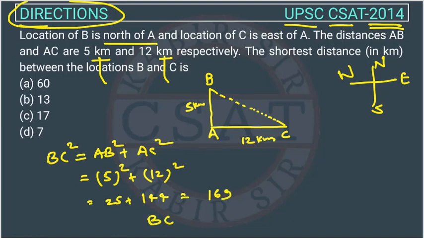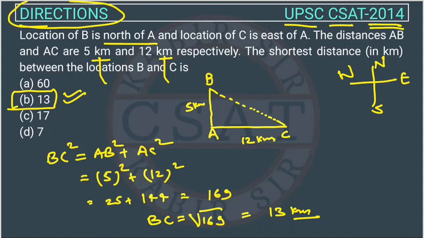Now BC will be equal to the square root of 169, and the square root of 169 is 13. So BC is equal to 13 kilometers. The answer is option B. So the distance between B and C is 13 kilometers.